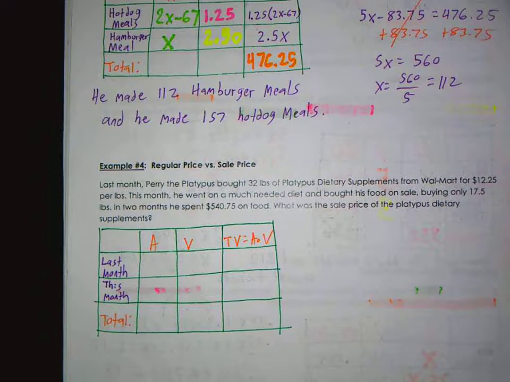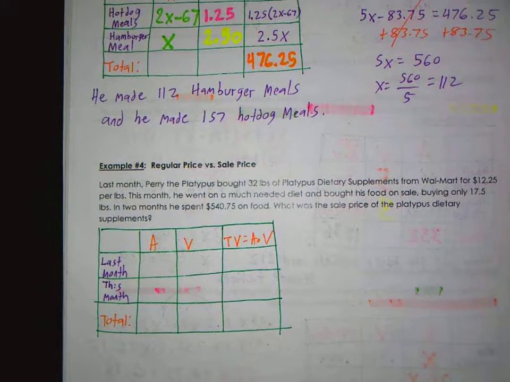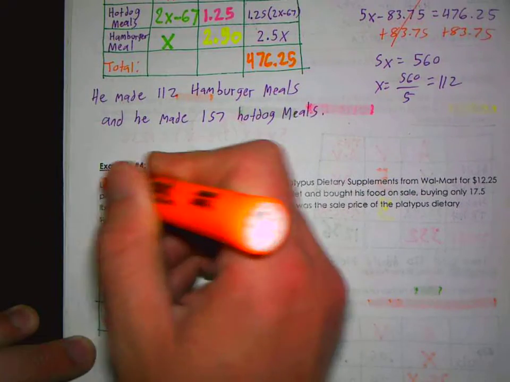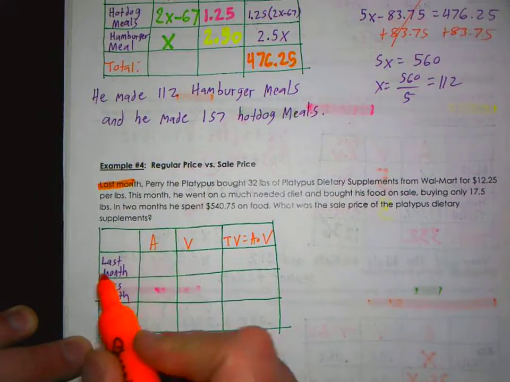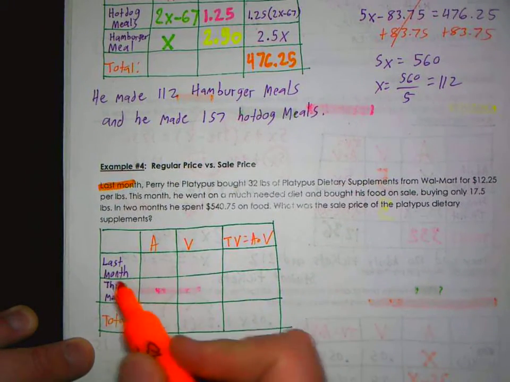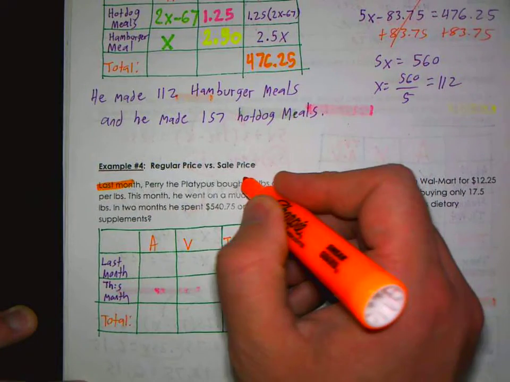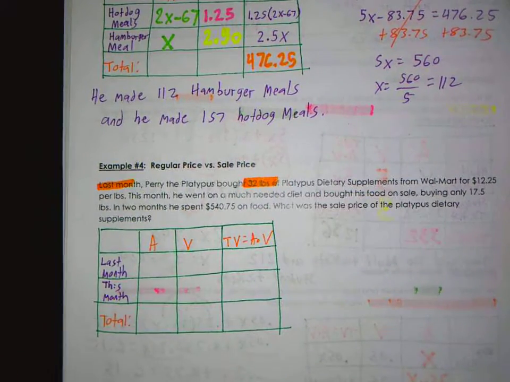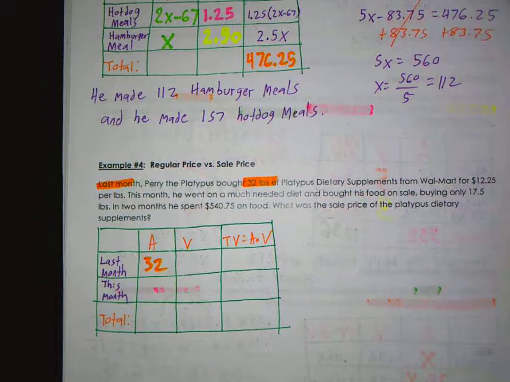Okay, so last month. So everything is going to go in this row, right? He bought 32 pounds. Is that an amount or a value? Amount. And how much did that dietary supplement cost? $12.25.